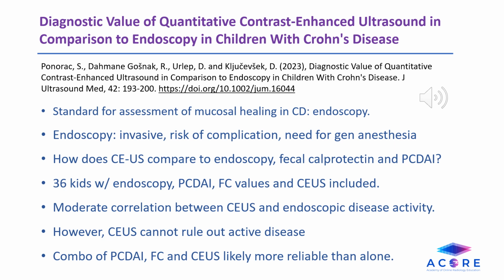Contrast-enhanced ultrasound is great for evaluating activity of Crohn's disease, but cannot rule out active disease. The data from this study ultimately suggests that a combination of pediatric Crohn's disease activity index, fecal calprotectin, and quantitative contrast-enhanced ultrasound are more reliable for assessment of Crohn's disease activity than any one of those measures alone.